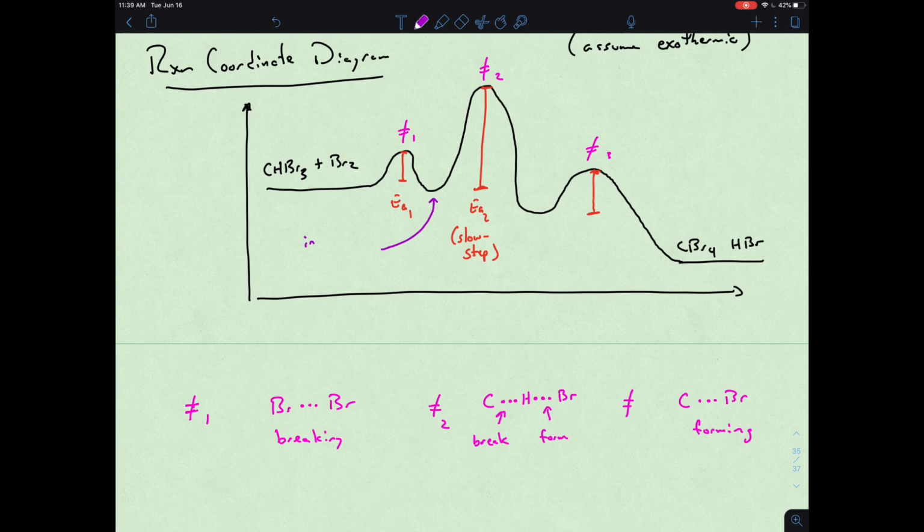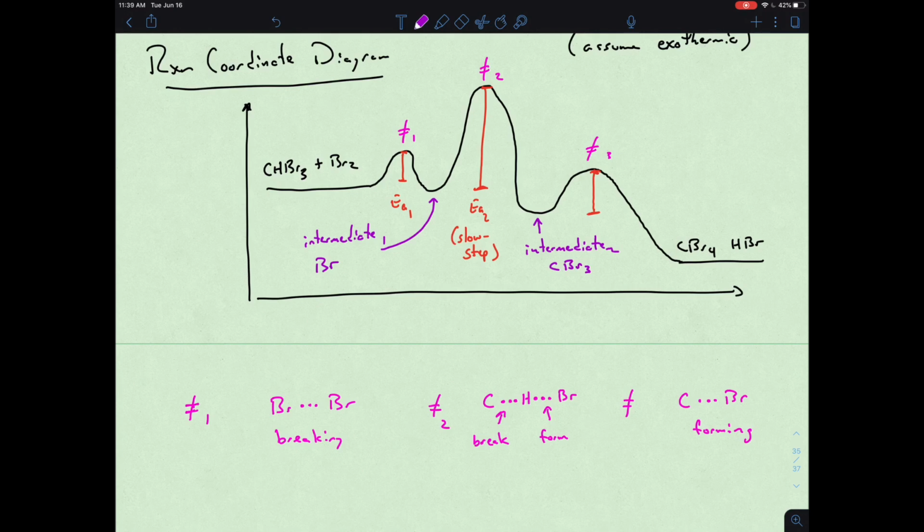So we have our intermediate 1, which would be the bromine that's produced. And then we have intermediate 2, which we would be looking at, the CBr3. And that's just based on that mechanism.